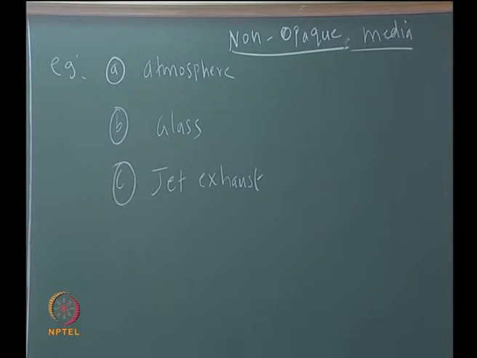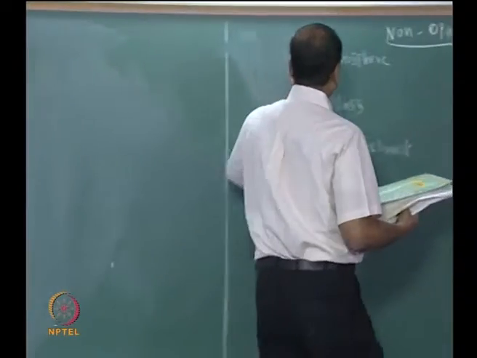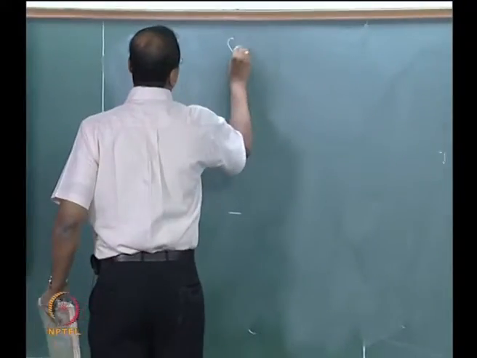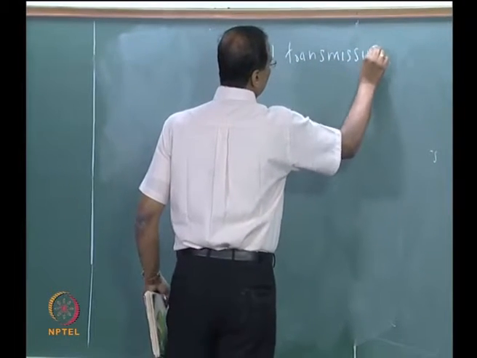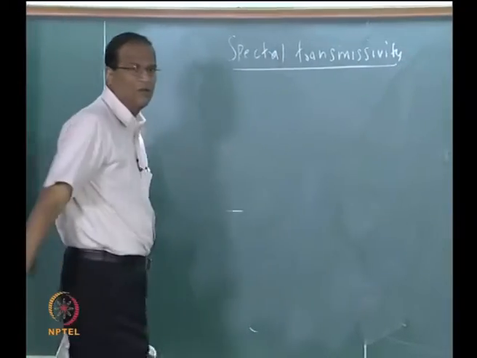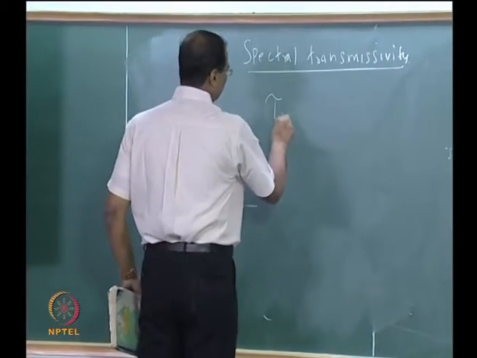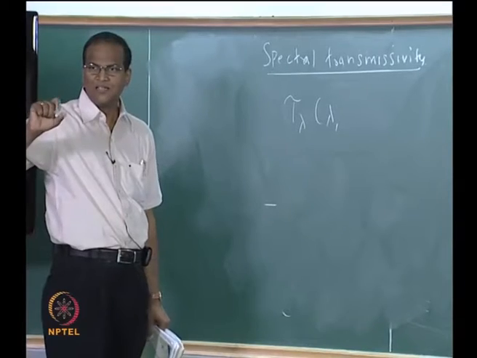So spectral transmissivity. So you want to put tau lambda, which should be a function of lambda, and shall we put it as d or L thickness?